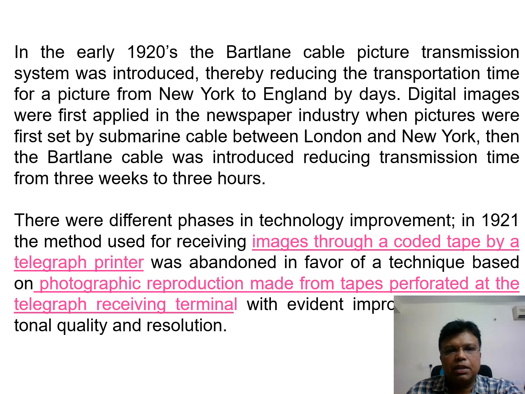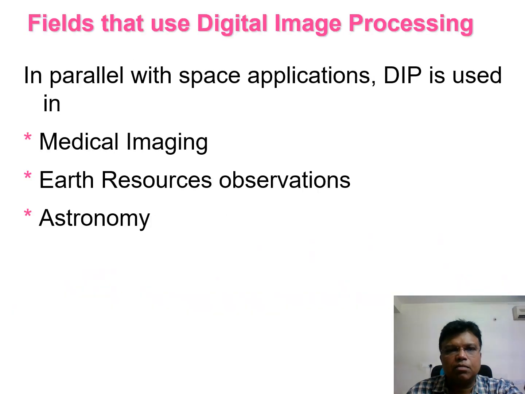In 1921, the method used for receiving images through a coded tape by a telegraph printer was abandoned later in favor of a technique based on a photographic reproduction made from tapes perforated at the telegraph receiving terminal. So this enhanced the quality and resolution.